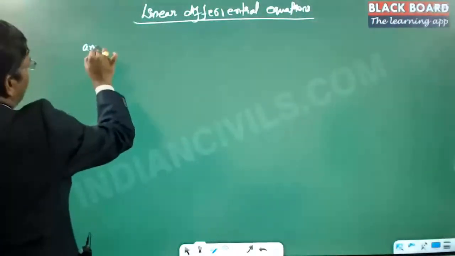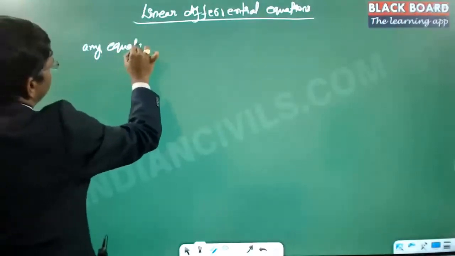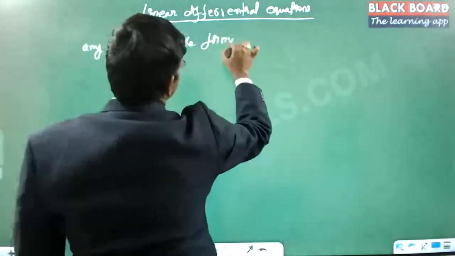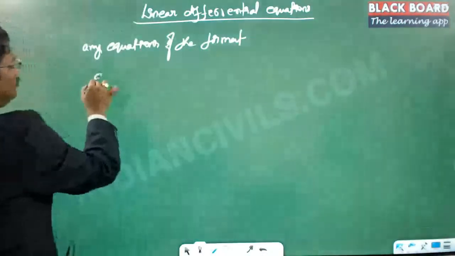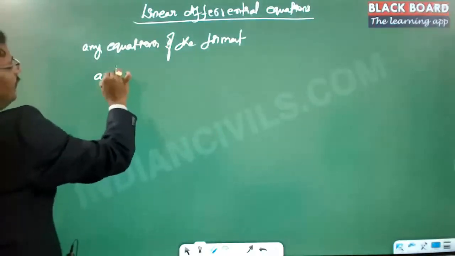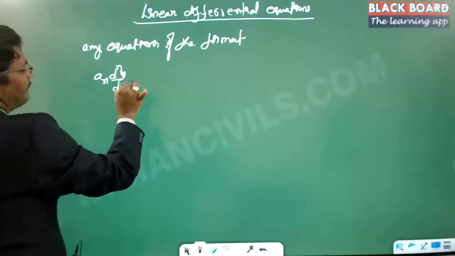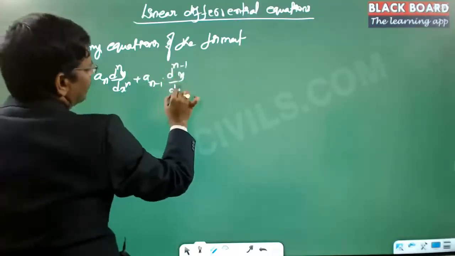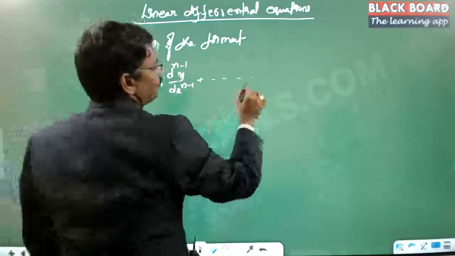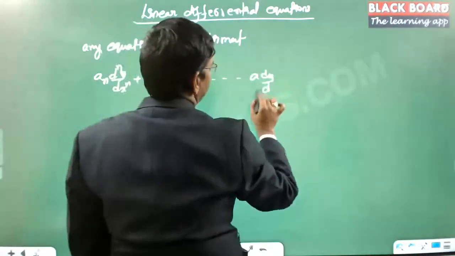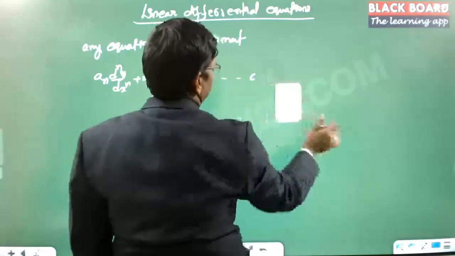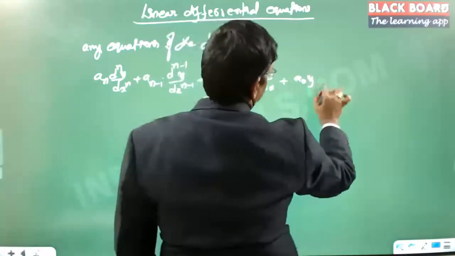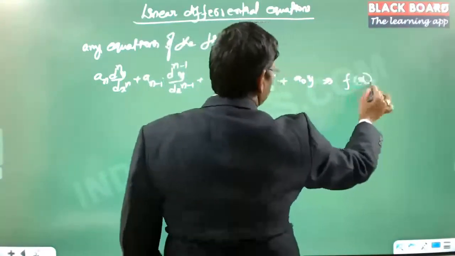So any equation of the format an d power n y by dx power n plus an minus 1 d power n minus 1 y by dx power n minus 1 plus dash dash dash plus a1 dy by dx plus a naught y equal to f of x, right?